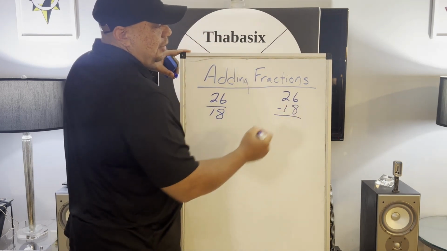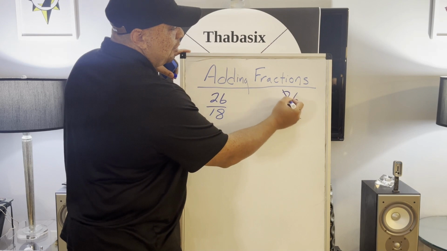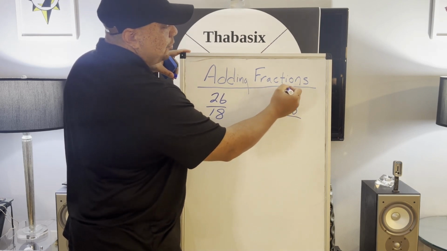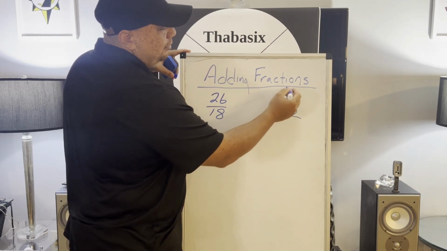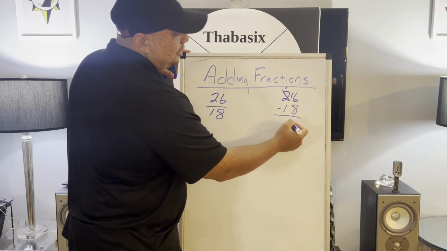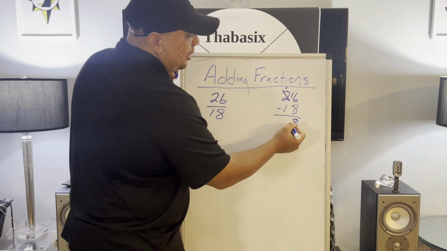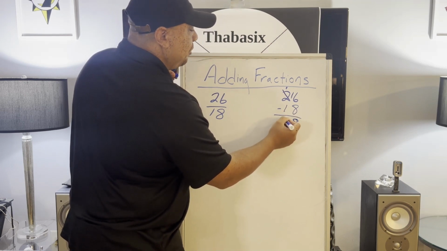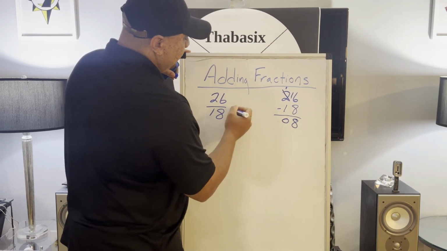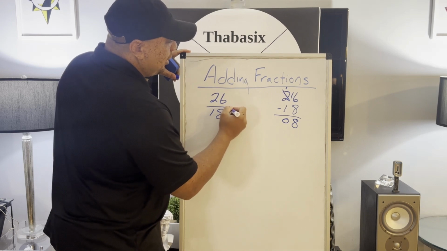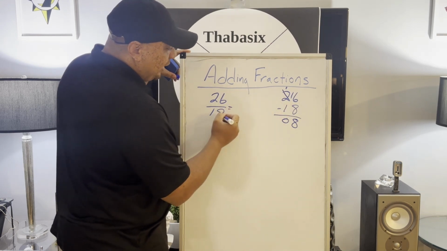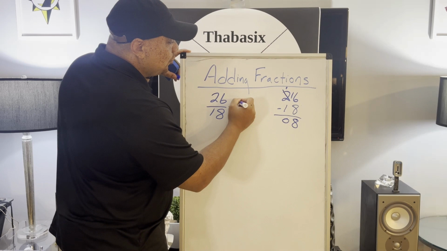So 6, take away 8. Remember, you have to borrow. Have to take 2 and turn that into a 1. Okay, 6 turns into 16, and that's 8. And 1 take away 1 is 0. So I'll write the 0, but you don't have to bring it over here. Transfer this over here. The reason why I subtracted 18 is because 18 over 18 is 1.